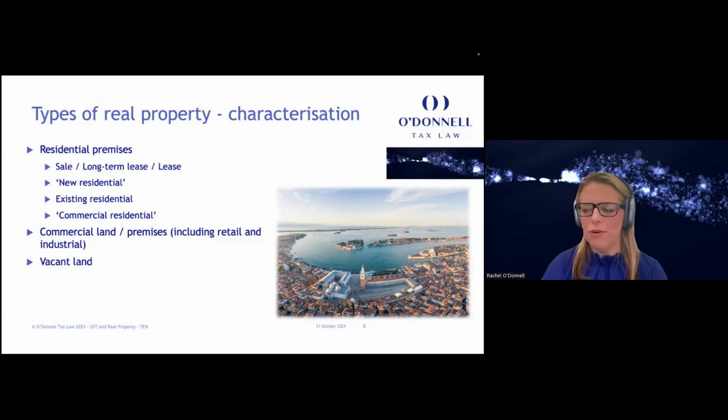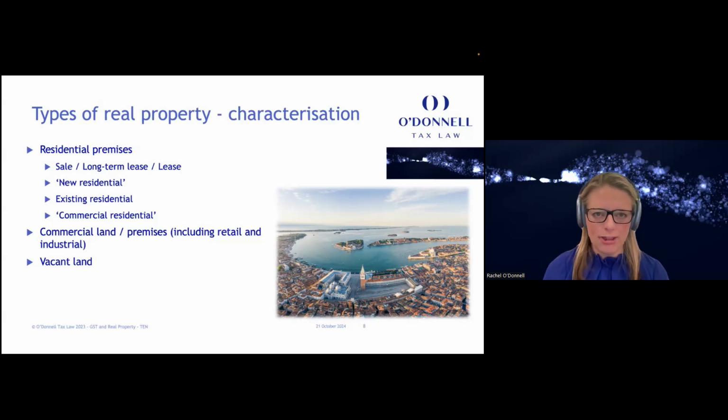New residential premises are residential premises. Again, we need to get in before we get out, if you like. So new residential premises are residential premises that are not previously sold as residential premises other than commercial residential, nor the subject of a long-term lease on that basis, or it's been created through substantial renovations to the property, or through a new build of the property.